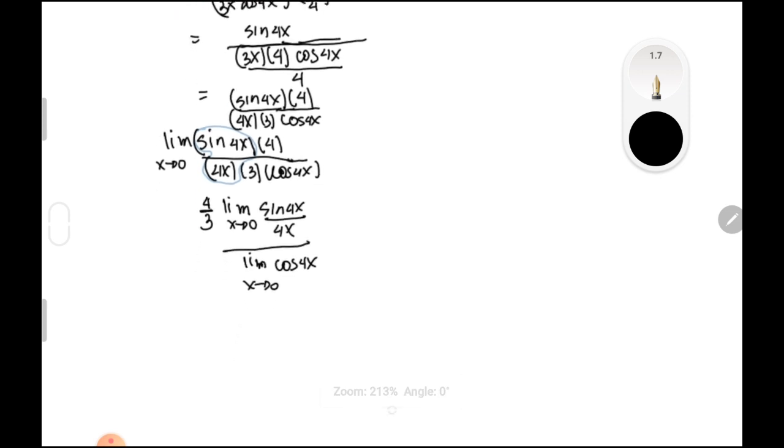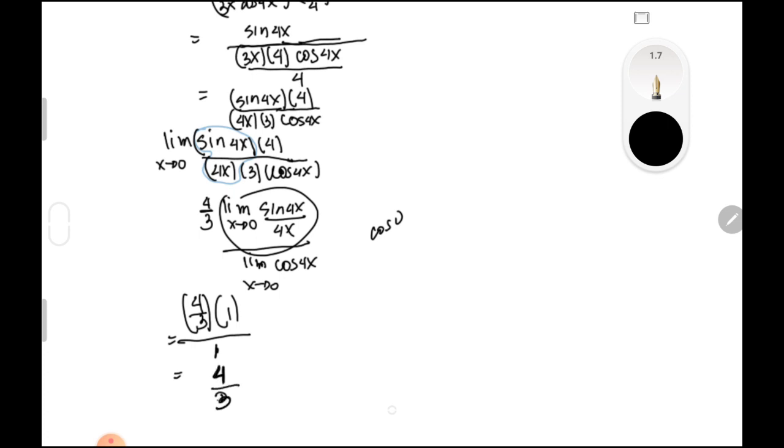So therefore we'll have a value equal to 4/3 multiplied by, so this is theorem to, tama? So multiplied by 1 divided by limit of cosine 4x, so cosine 0 is equal to 1. So therefore the limit of this function is equal to 4/3.